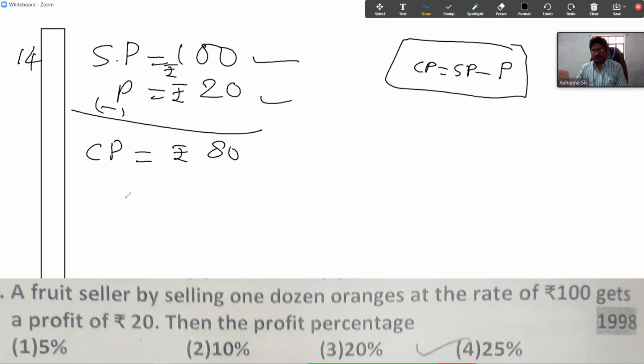Now we can find the profit percentage. Profit by cost price into 100 percentage.